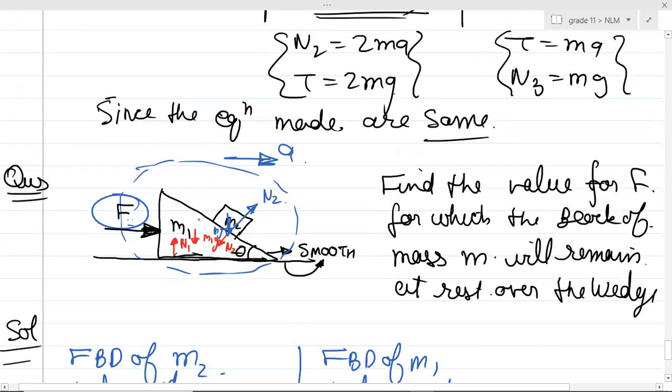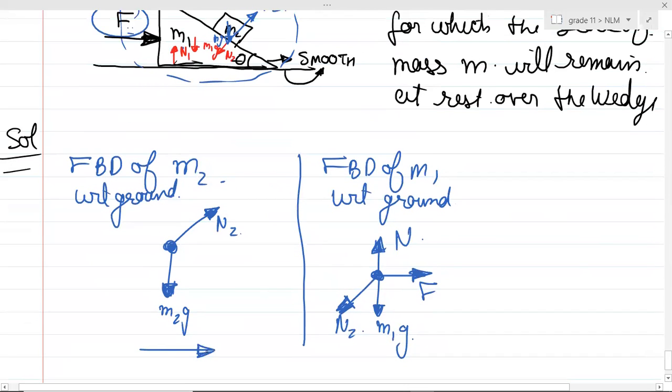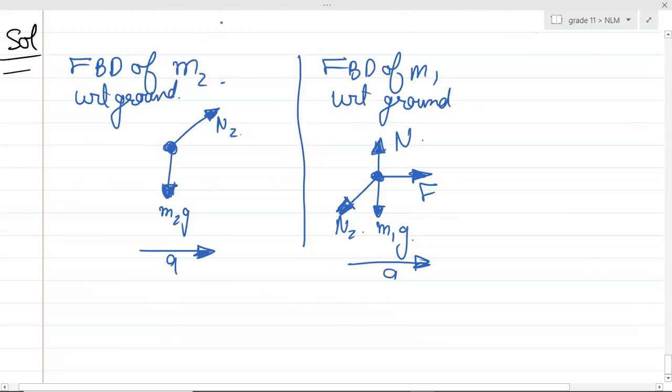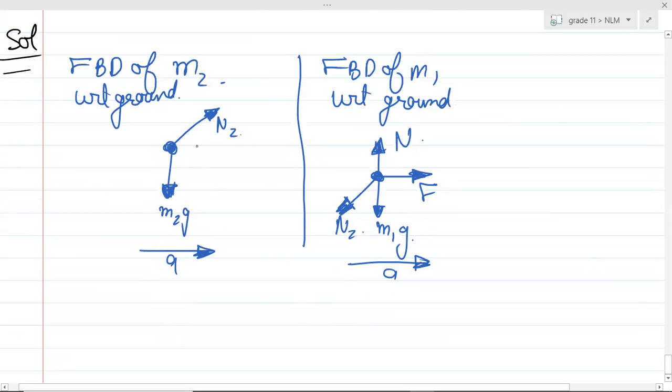When there is no relative motion between the objects in the system, then this will be A and this will also be A. Now if you are solving with respect to ground, please remember, both the objects are accelerating. So which frame will you choose? Will you be choosing this frame?